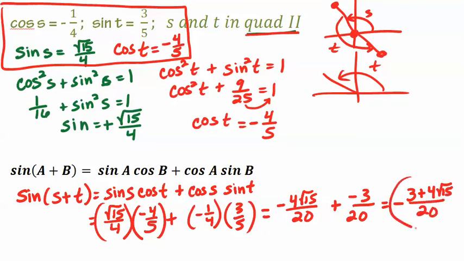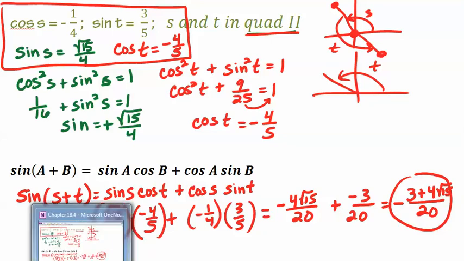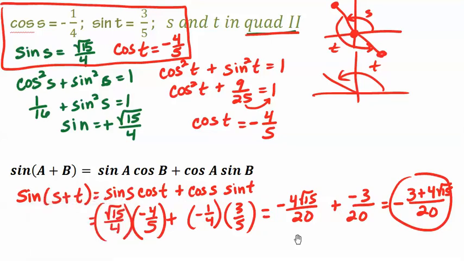The reason I like to see that negative factored out in front is so that now you realize that the sine of our new angle turned out to be negative. Remember that. We'll come back to that in part C. So this is our answer for part A, the sine of the sum of these two angles.